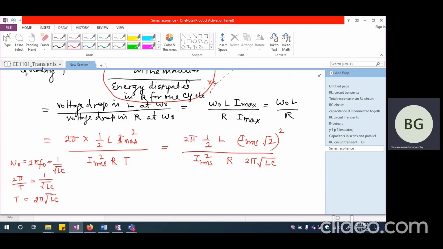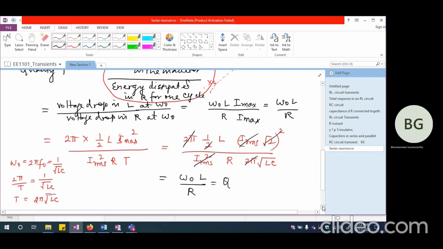So I can write this as 2 pi by omega naught also. No problem. Now this 2 pi and this 2 pi will get cancelled. And this 2 and this root 2 square will get cancelled. This IRMS square and this IRMS square are going to get cancelled. So root LC is here, which is 1 by omega naught. So this is going to be omega naught L by R. That is what is quality factor.